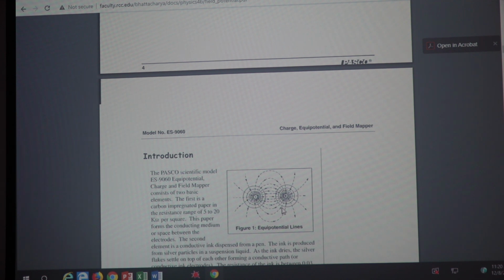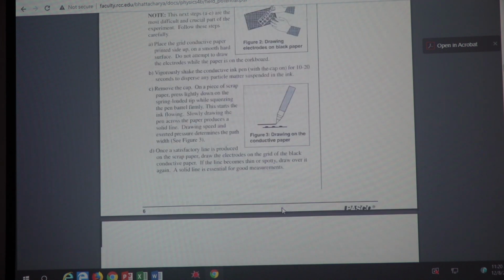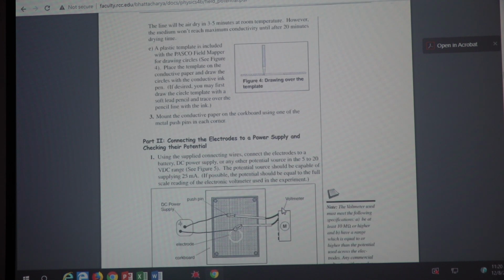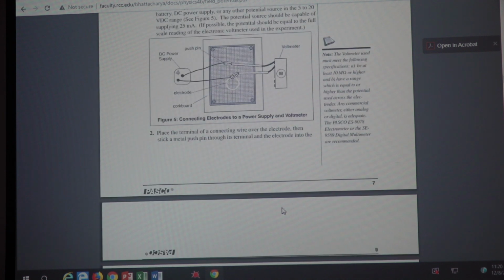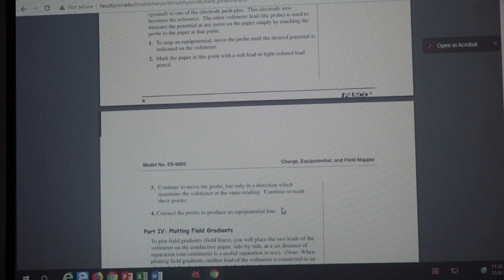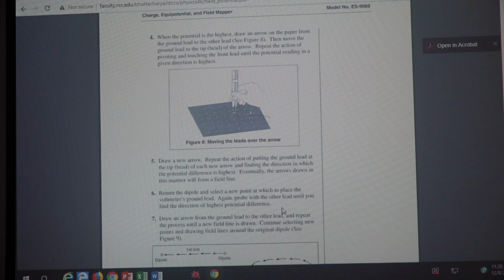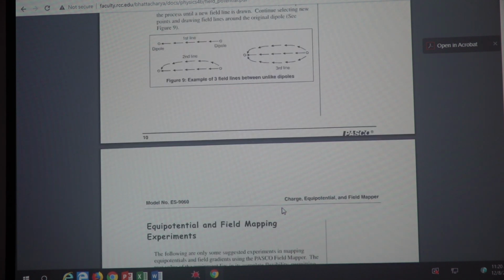When I do this, I will show that to you. This lab is more or less for demonstrative purposes, and I'll give you some assignments later on in class, but you have to look through different configurations that we're going to use to plot out the equipotential lines and the field lines.